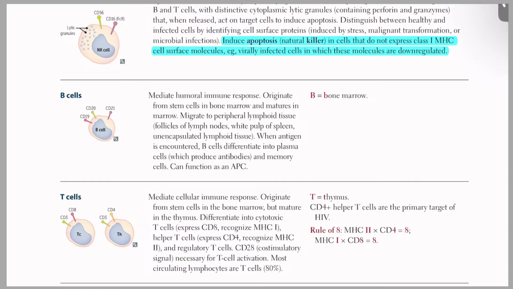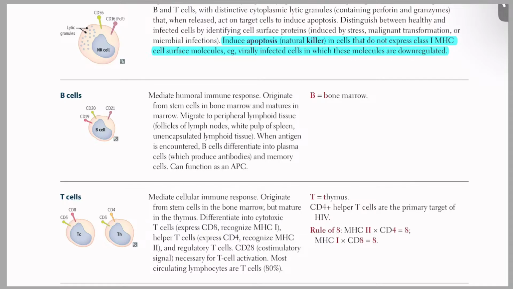B cells. B cells mediate humoral immune response, originate from stem cells in bone marrow and mature in marrow. Migrate to peripheral lymphoid tissue: follicles of lymph nodes, white pulp of spleen, unencapsulated lymphoid tissue.